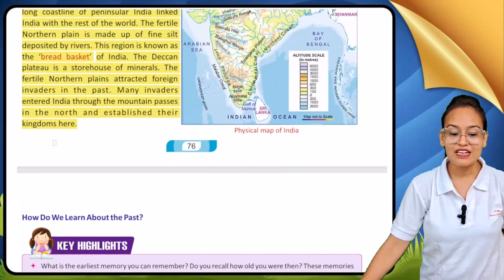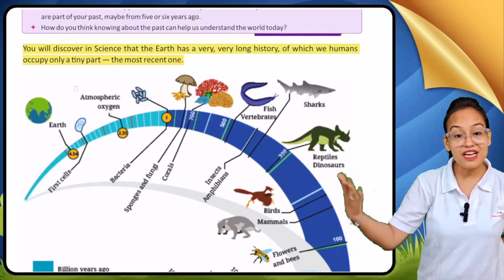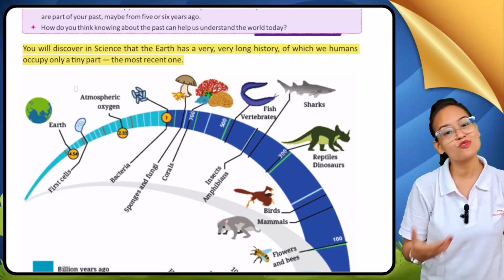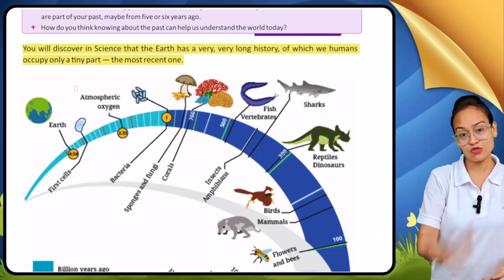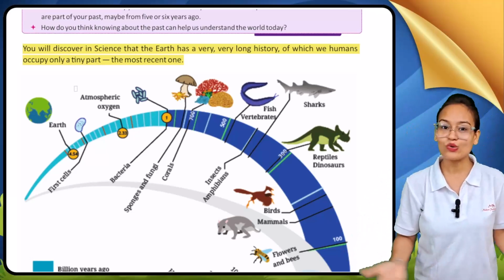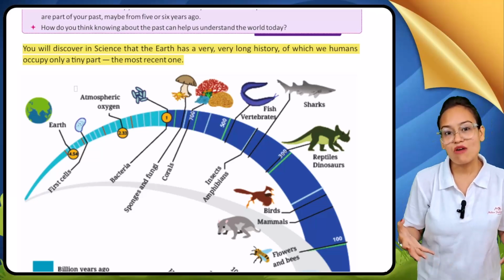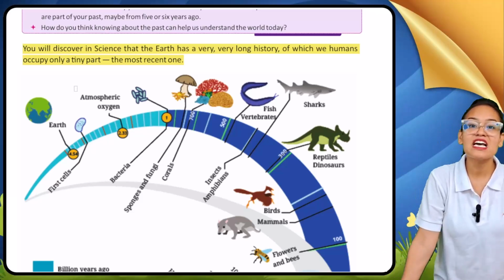Now, you will discover in science that the earth has a very long history of which we humans occupy only a tiny part, the most recent one. My dear students, when you studied science, you learned that our earth is very old, and our earth has seen many living creatures in different periods.